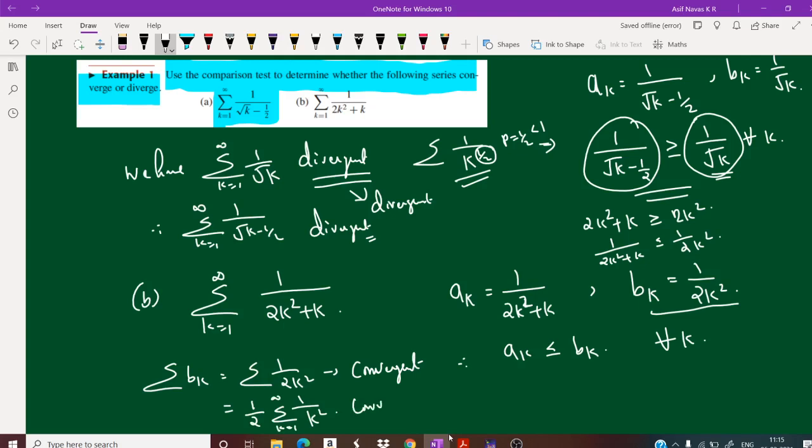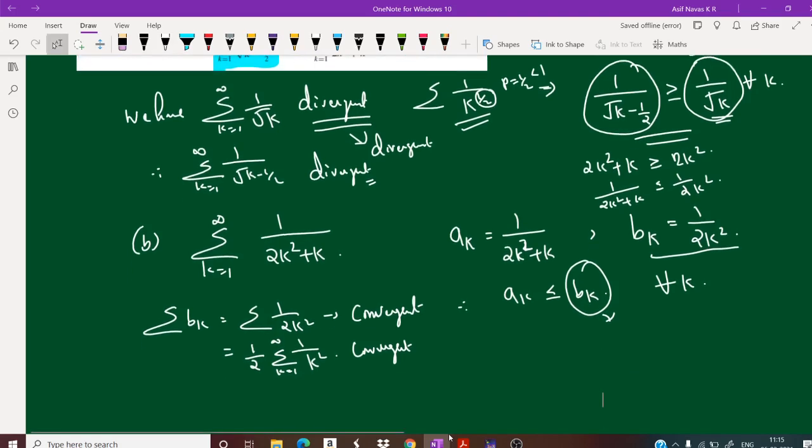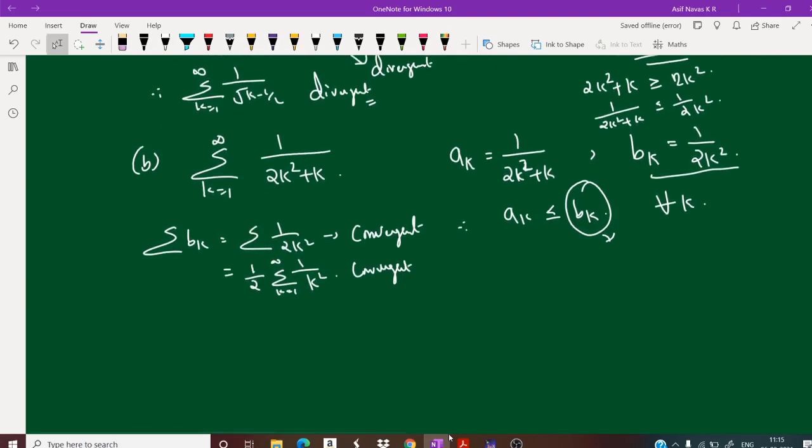So this is convergent. So the bigger series converges, right? Then what can you tell about the smaller series? If the bigger series converges, then the smaller series also converges, by comparison test.